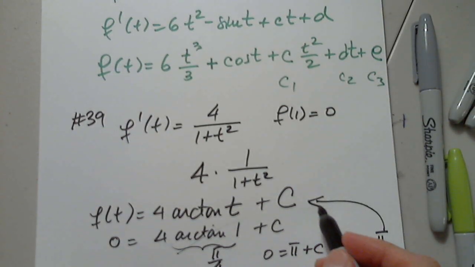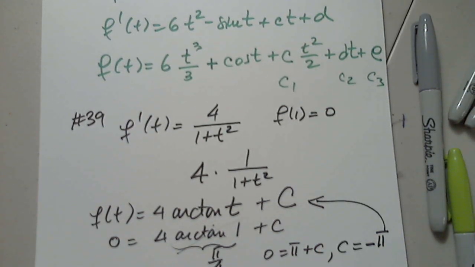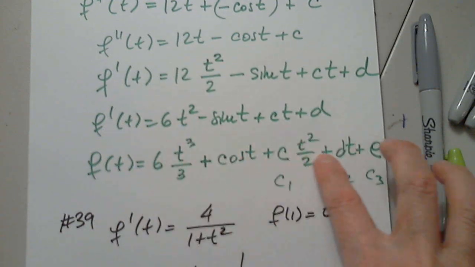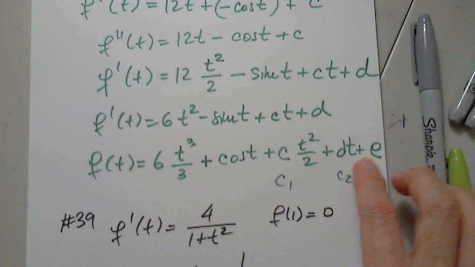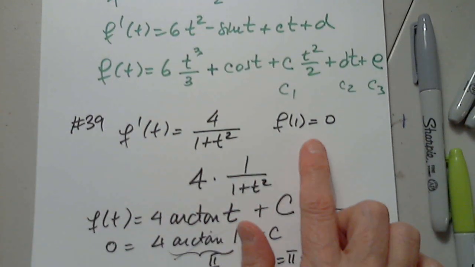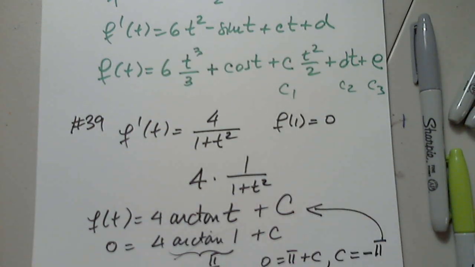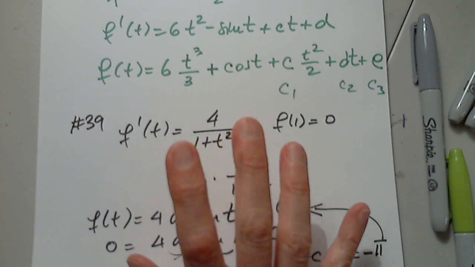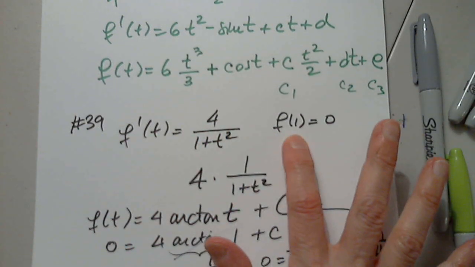I have to plug it back in. So this one here was the most general antiderivative. But this one, we are given an initial value, or initial condition if you want. So then we're asked to determine the unique function whose derivative is this, but also passes through the point 1, 0.